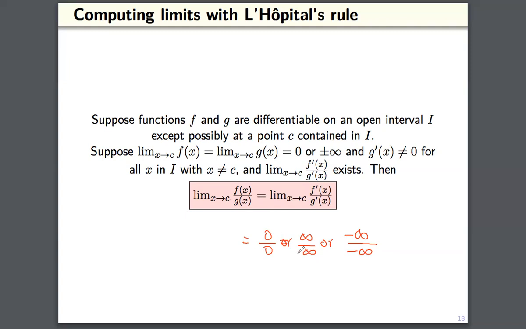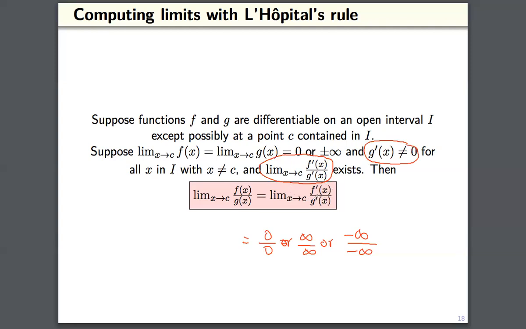You don't know how to compute limits now, right? So what Bernoulli proposed is that in such a case, if the limit, x tending to c, of f dash of x divided by g dash of x exists, and you know that g dash of x is not equal to 0, then this is the same as the limit of f dash of x divided by g dash of x.